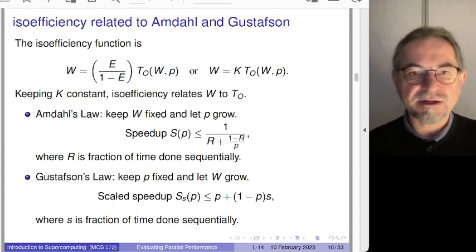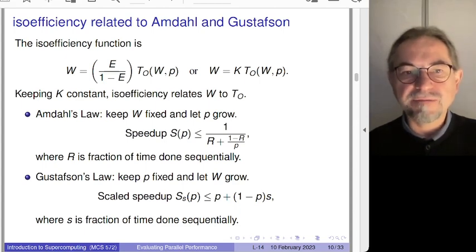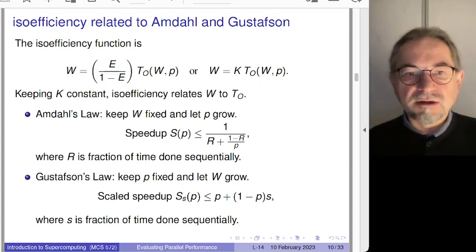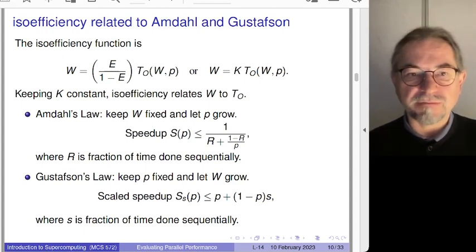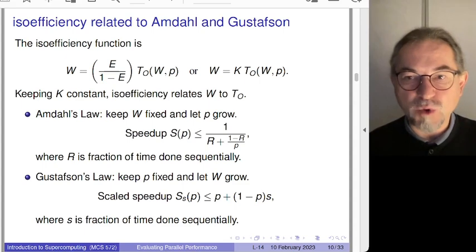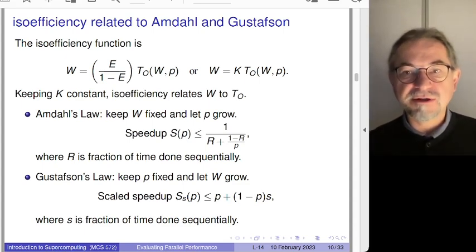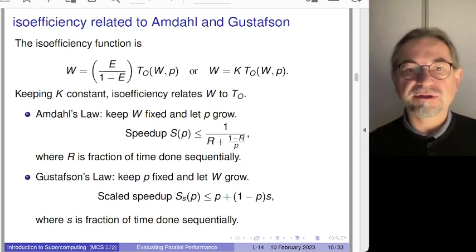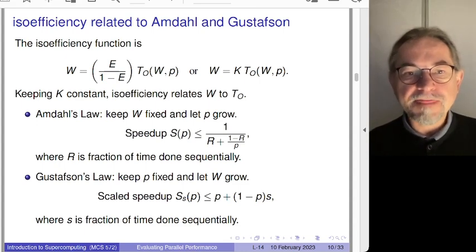Let's step back. So here we have the isoefficiency again. How does this relate to the earlier laws that we covered? We covered them in lecture 1 because these concepts were very straightforward to illustrate and understand.